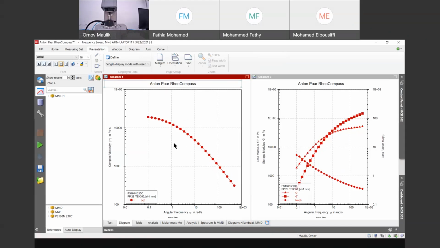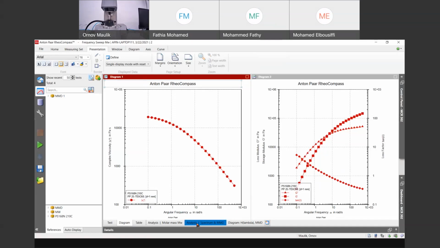In fact, there is a mathematical formulation known as the Cox-Merz rule, which describes the relationship between the complex viscosity and the dynamic or shear rate viscosity. Ideally for polymers, according to the Cox-Merz rule, the complex viscosity is equal to the steady shear viscosity that you are measuring in a rotational mode.